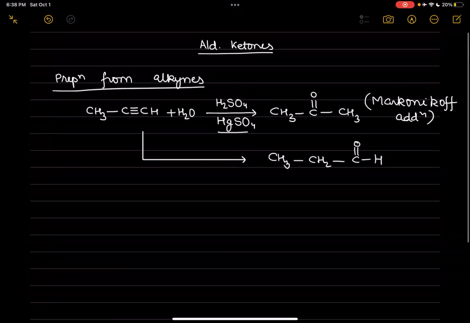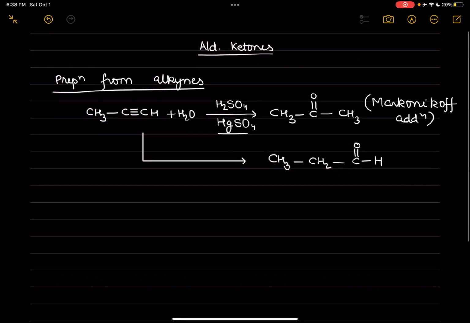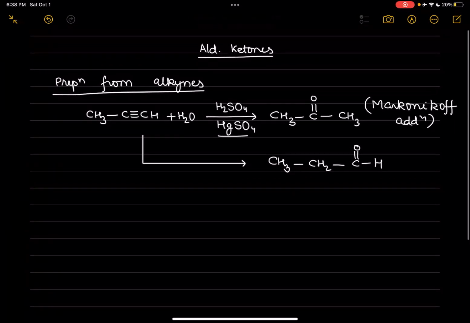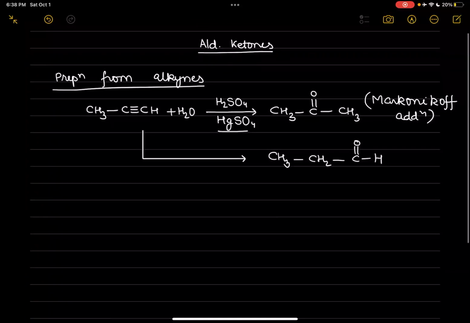HBr? No, HBr will add H and Br. I want to add water only. HBr along with peroxide is correct, but that will not add water. We want oxygen to be added.